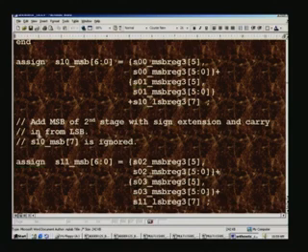That is what the comment says: add MSB of second stage with sign extension and carry in. This is the carry in, actually the LSB carry out becomes the carry in for this MSB, and it also results in one more bit which is nothing but a duplication of the same sign bit, therefore we ignore that.